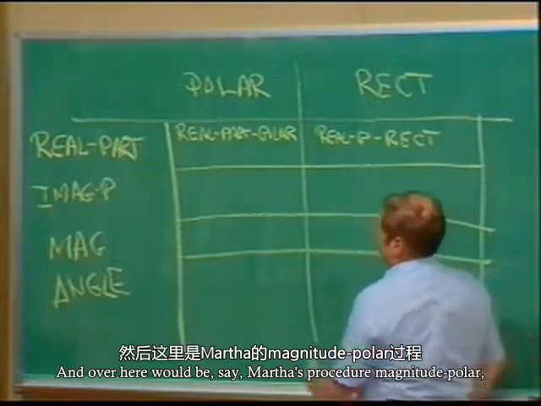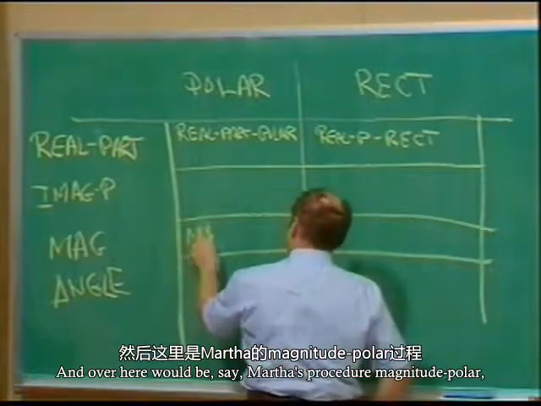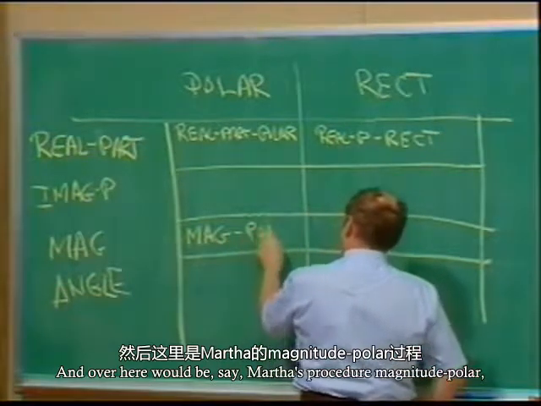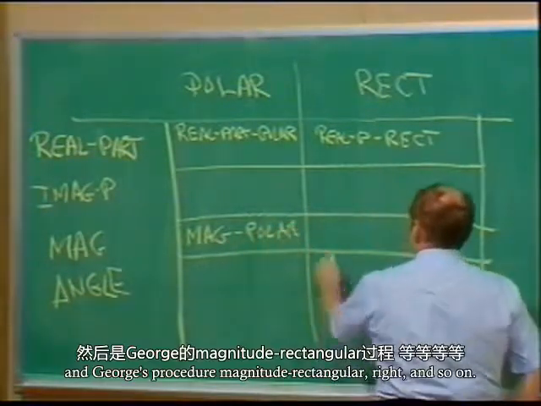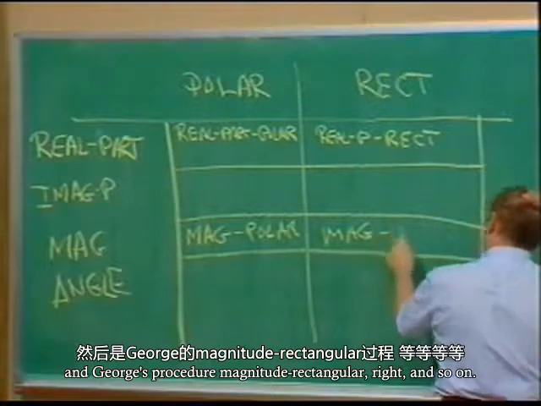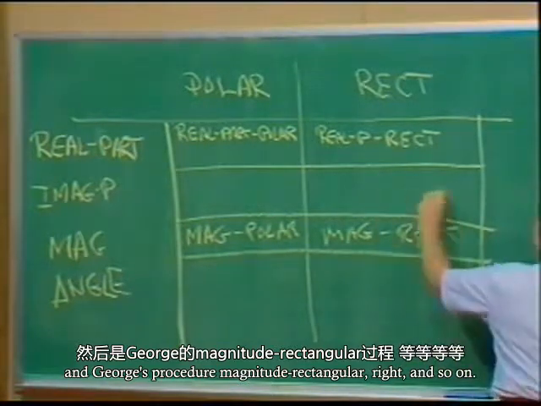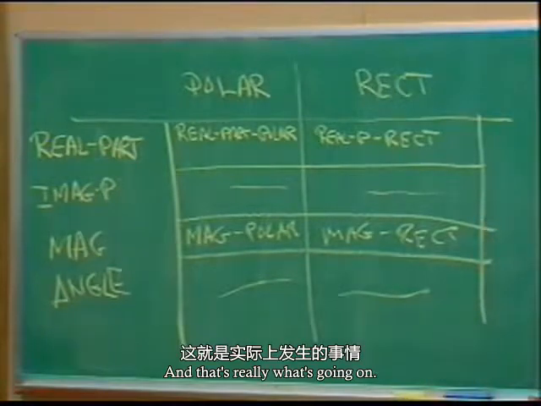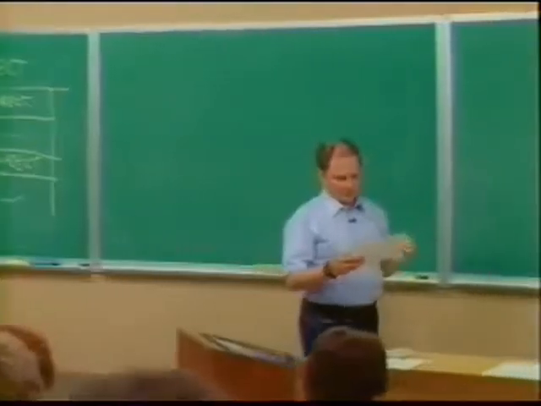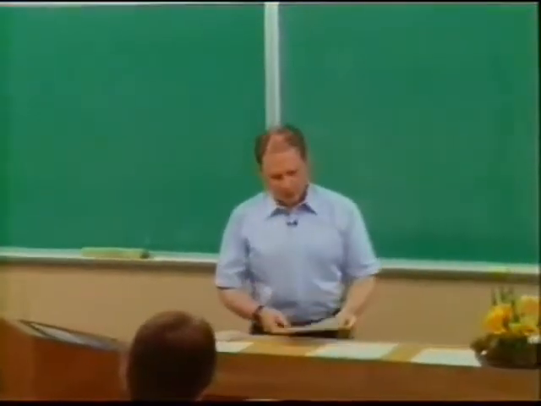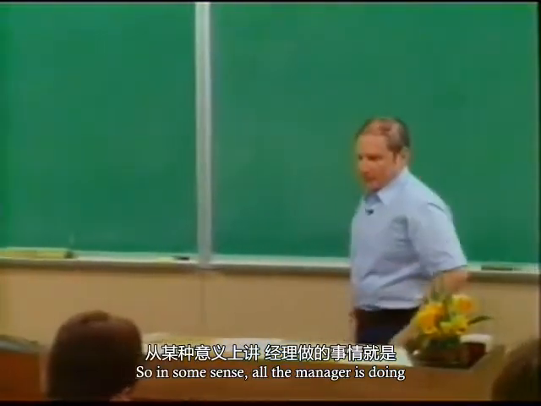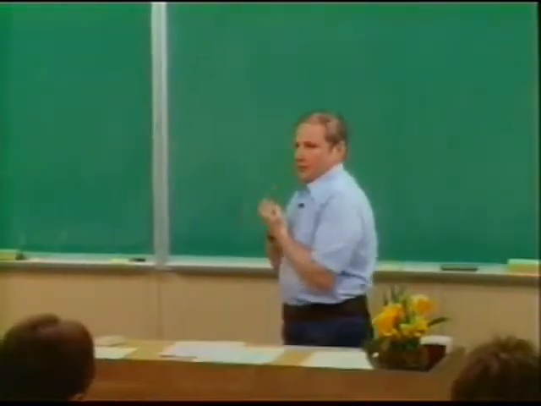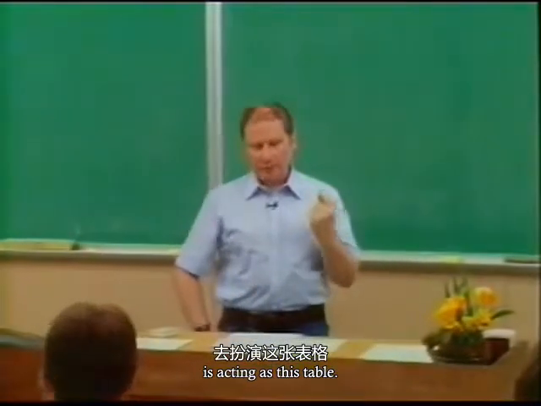And over here would be, say, Martha's procedure magnitude polar and George's procedure magnitude rectangular, right, and so on. The rest of this table's filled in. And that's really what's going on. So in some sense, all the manager is doing is acting as this table.